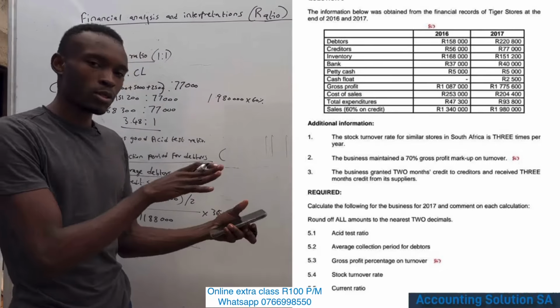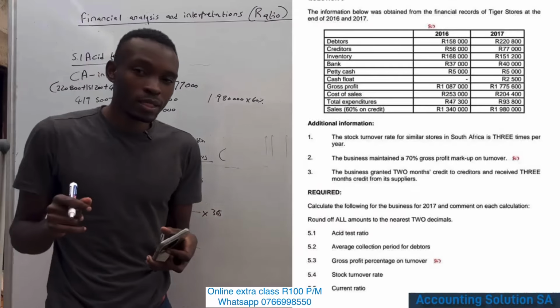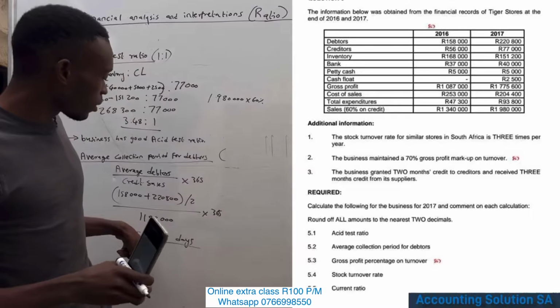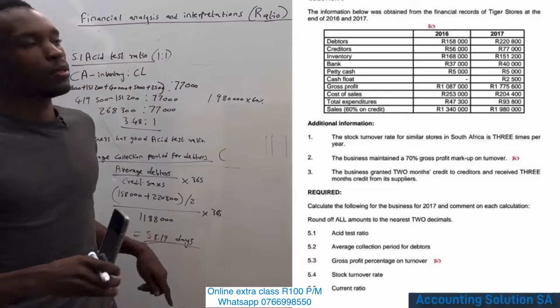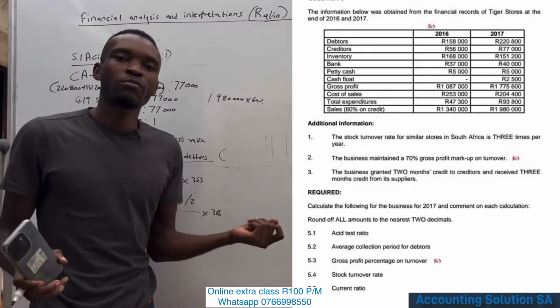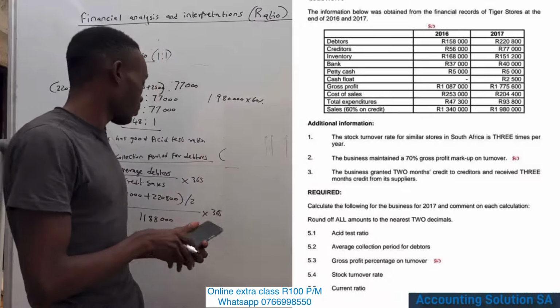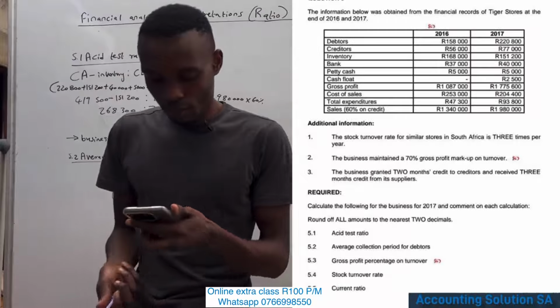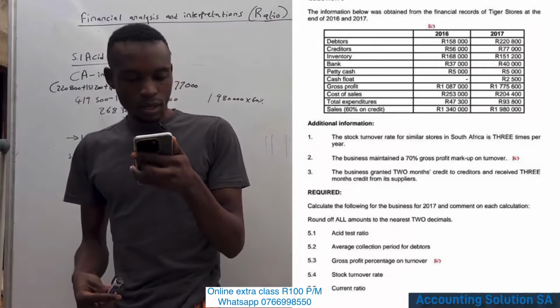To pay our supplier. But if our supplier said they collect within 30 days, and now we collect in 58 days, it's very bad, because we won't have money to do what? To pay our supplier. So this is good. This is good ratio.